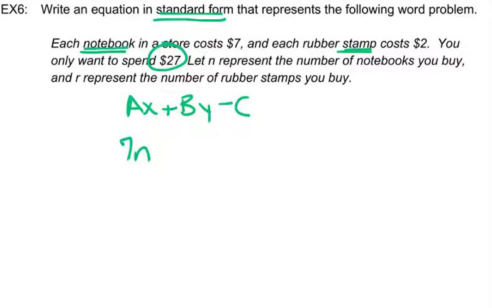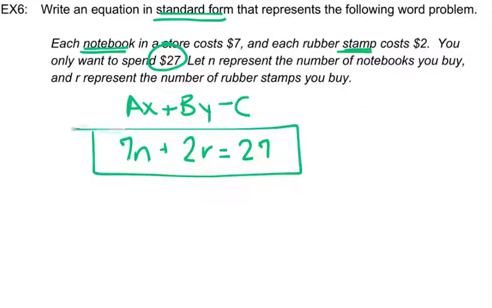Stamps cost $2, so I'm going to put my 2 next to my r. Then I put a plus sign in between because that's how the standard form works, and they're both positive $7 and positive $2, and you only want to spend $27. This is your total, which is going to be c. So we just wrote a standard form of a word problem.